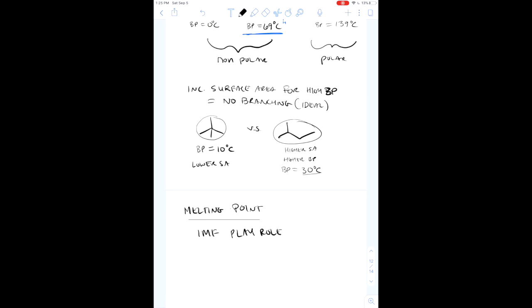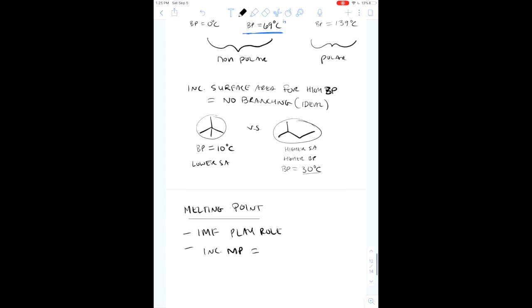And so one of the key things to make sure that we have an increase in melting point is going to be caused by an increase in intermolecular forces.